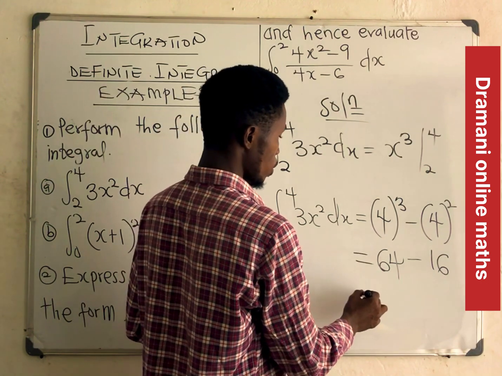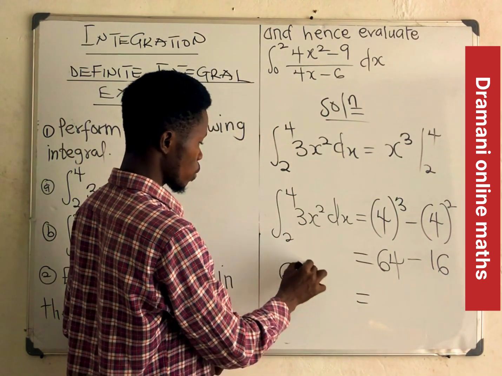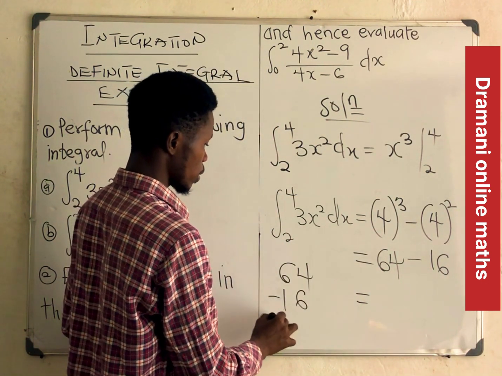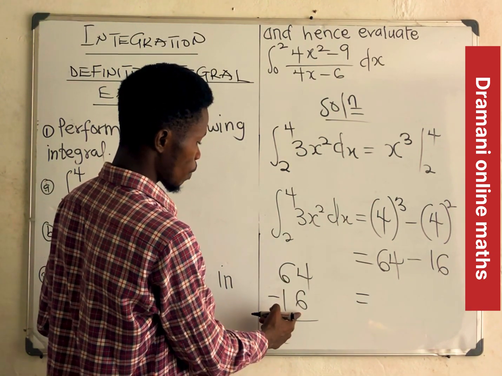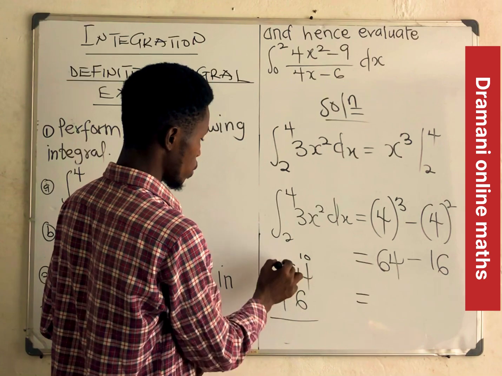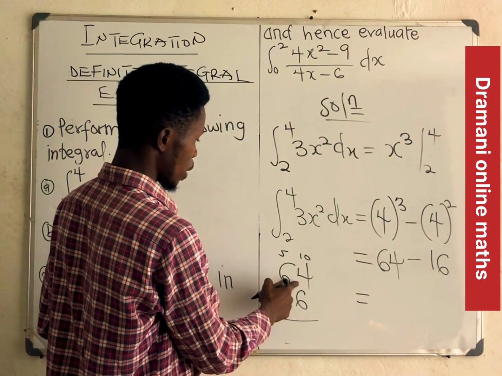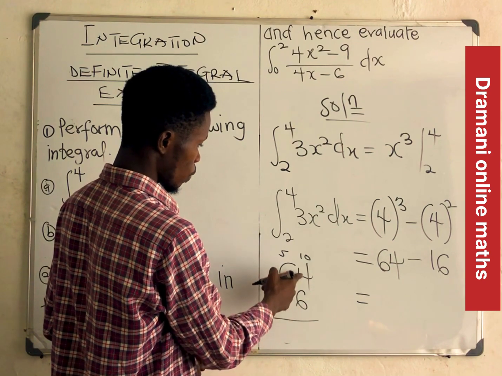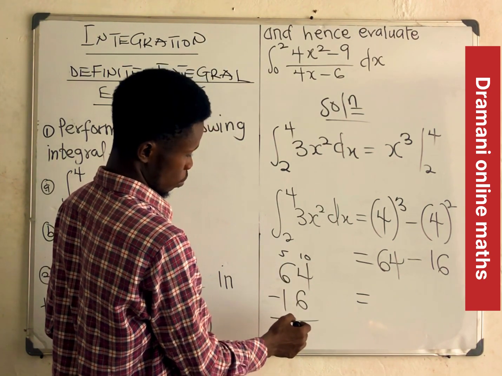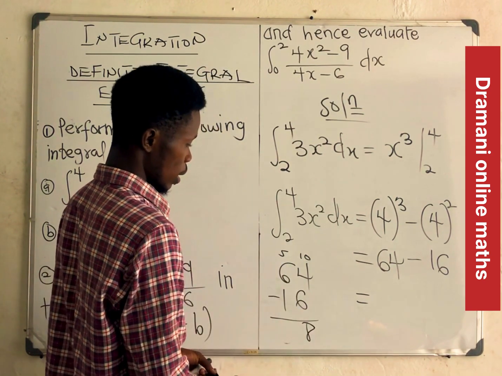So if you do the subtraction, 64 minus 16, 4 minus 6, you have to borrow here, leaving 5. This becomes 14. If I subtract 6 from this, I have 8.